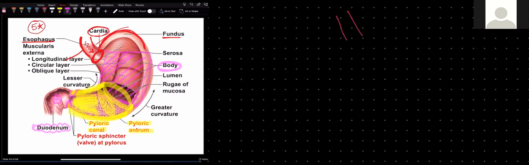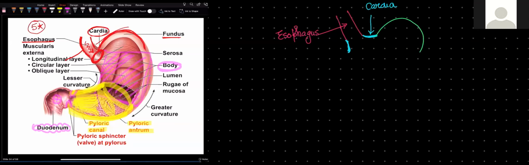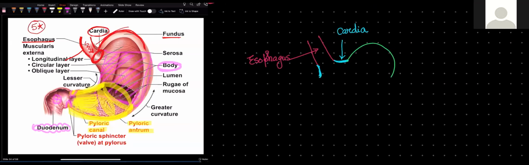We're looking here, this is going to be the esophagus. The regions that will be surrounding the entrance of the esophagus into the stomach, this is called the cardia or the cardiac region. The dome-shaped part of the stomach, this is the fundus.